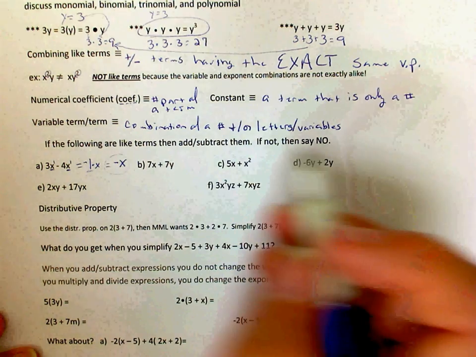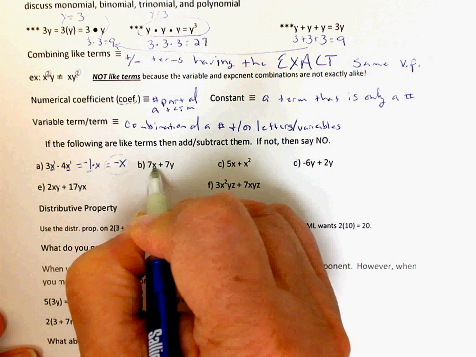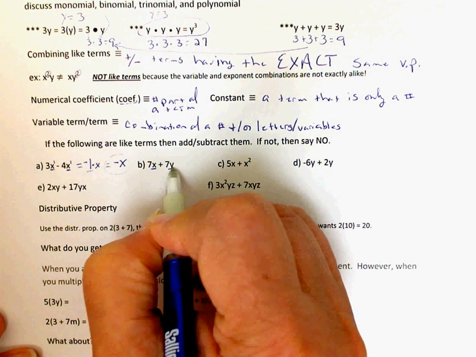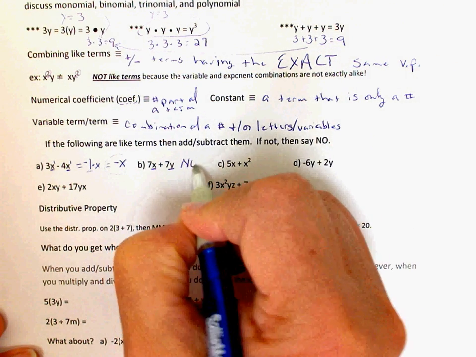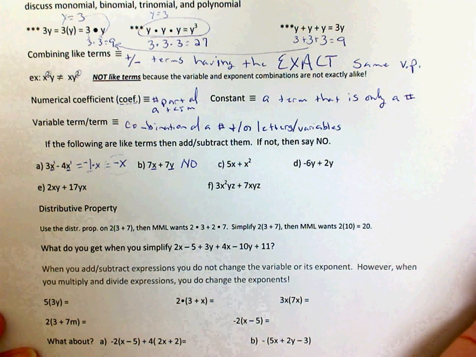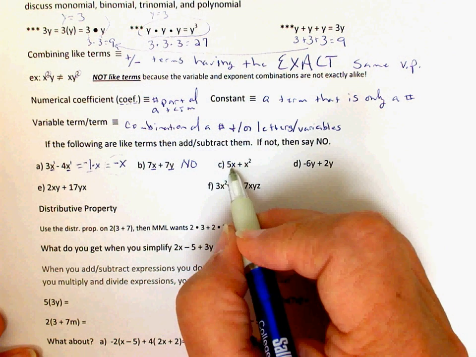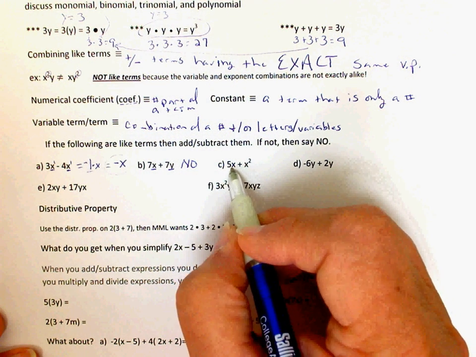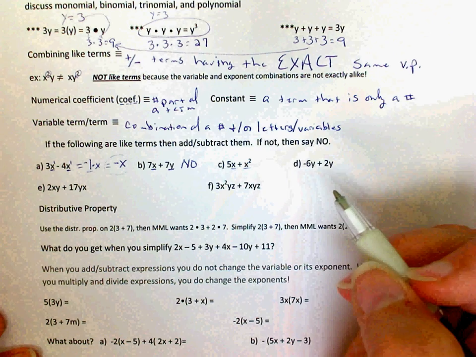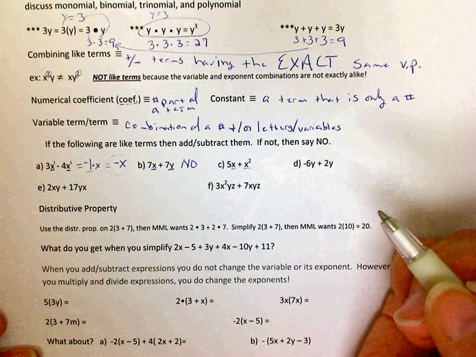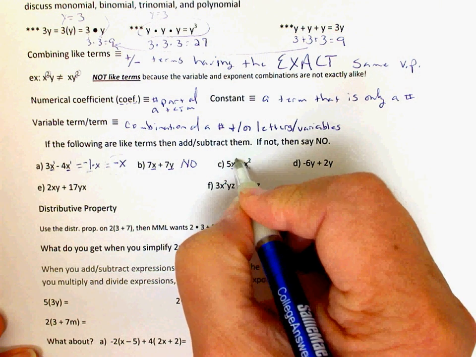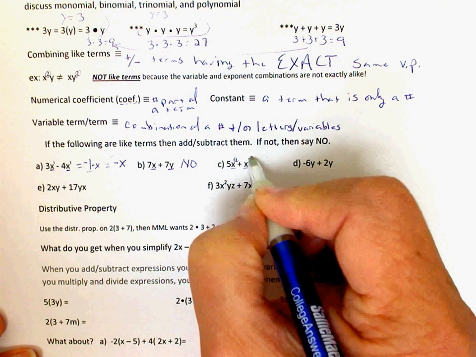Now, number B, 7x plus 7y. Not the same variable, so automatically no, not like terms. Now 5x and x squared. Same variable, but the exponents are not the same.